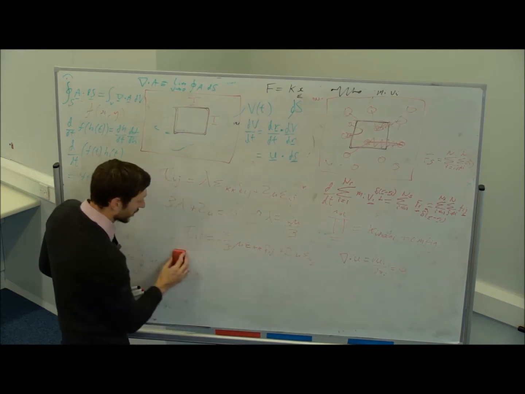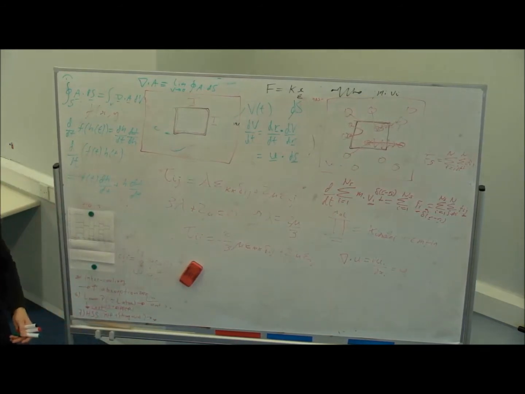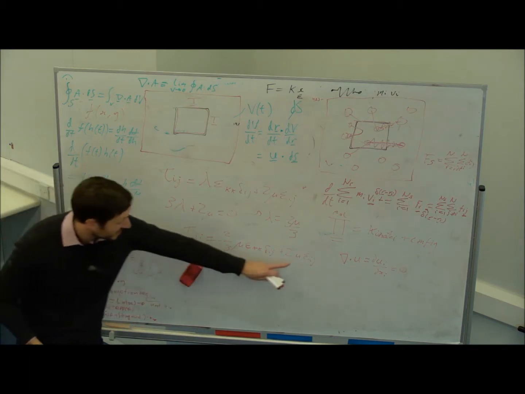I'll just state that because it's going to end up being far too involved for this part of the board. If you want, you can work through that to check that it's true, and you end up with just a single coefficient.